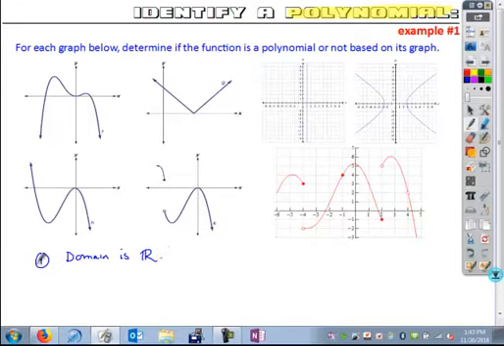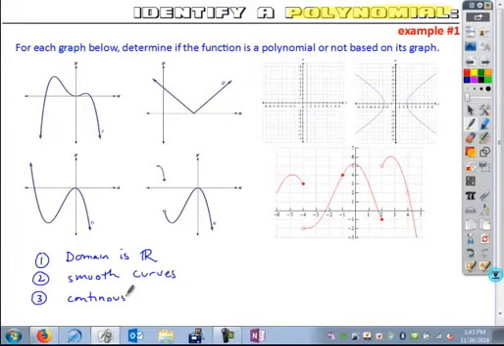The second condition that has to be met is that the graph has to involve smooth curves. What that means is there are no sharp changes in direction, or corners, in the graph. And then the final thing to recognize in order for a graph to be a polynomial is that it needs to be continuous.